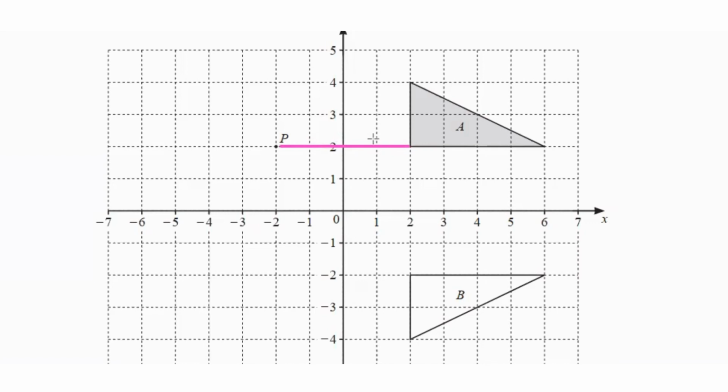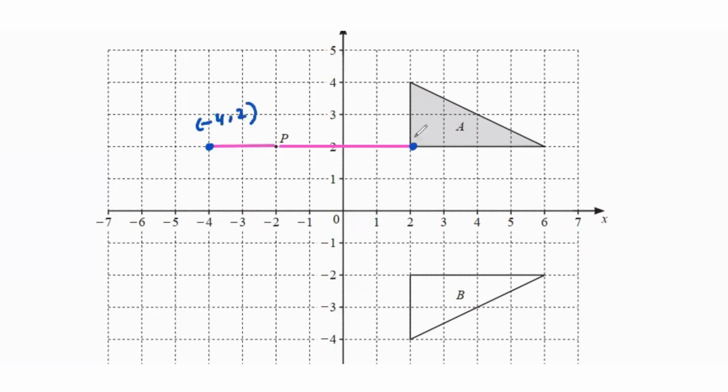So half of 4 is going to be 2, which means this point is going to come over here. Let me use a different color. This point is going to be this point. That's -4 and 2.